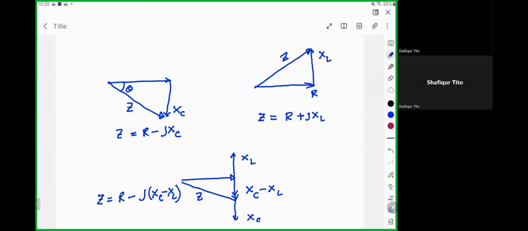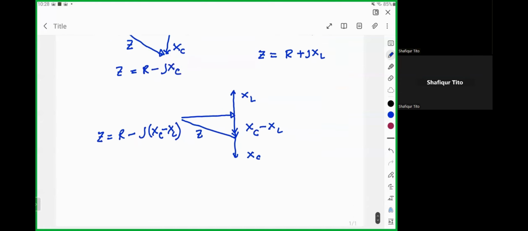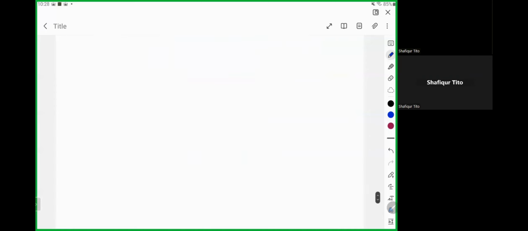So this will not always happen because XL may be larger. In that case, if you have XL larger, then we can redraw this one. So if you have two components, you need to take a look which one is larger. If XL is larger and XC is smaller, then your resultant will be in the XL direction.